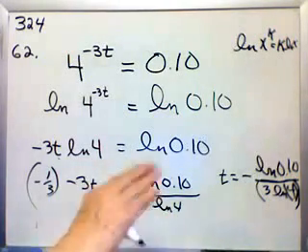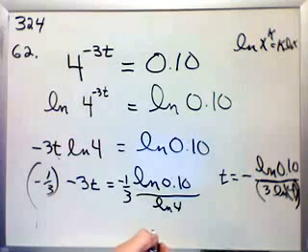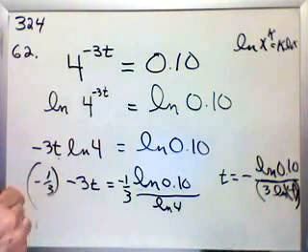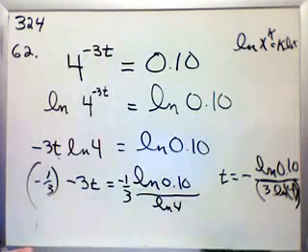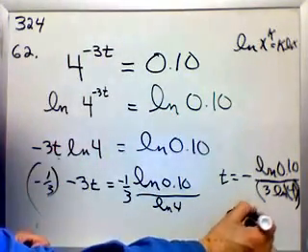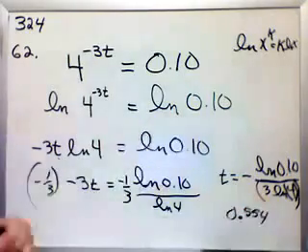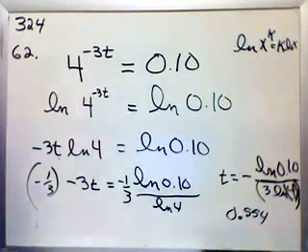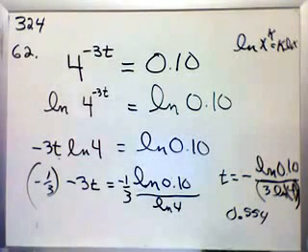If you get error, just try plugging it in again to make sure that you can get the right answer for this. And the answer is 0.554, I think. Let me just look at your calculator here. Yeah, that's right. So hopefully you can get that.